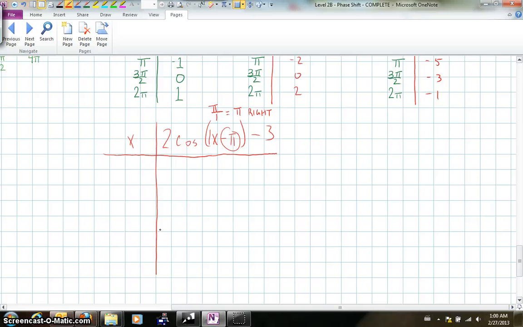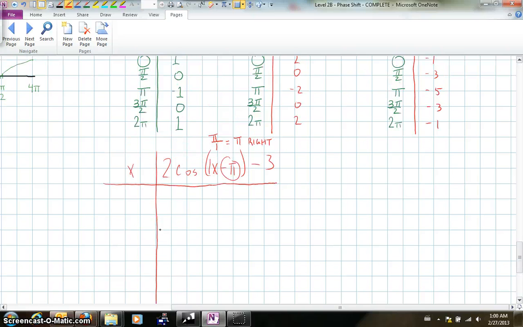You can look up above to see how when we move everything pi to the right, 0 plus pi is pi, pi over 2 plus pi is 3 pi over 2, pi plus pi is 2 pi, 3 pi over 2 plus pi is 5 pi over 2, and then 2 pi plus pi puts us at 3 pi. And our y's go negative 1, negative 3, negative 5, negative 3, and negative 1.